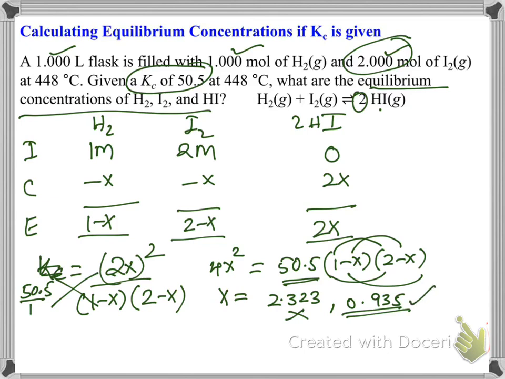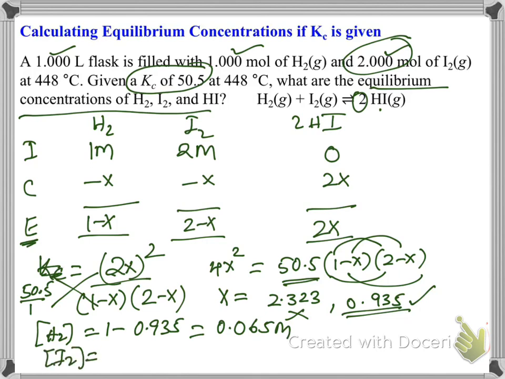So if I know the x value, I can find out the equilibrium concentrations. Hydrogen will be 1 minus 0.935, which is equal to 0.065 molar. How much iodine will be left? 2 minus 0.935, which is 1.065 molar.